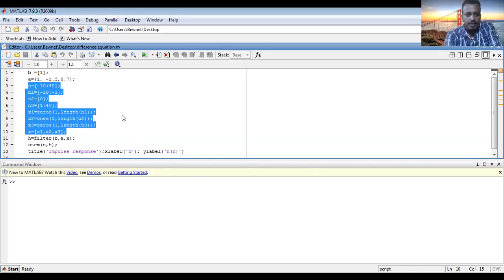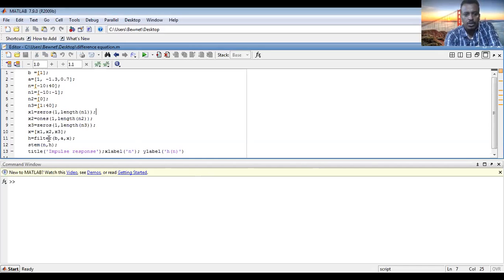Then impulse response is equal to filter with B and A coefficients, our system. What is X? X is the input. In this example, we apply the impulse, so when you apply the unit impulse, the output will be H. Then stem is used to plot this discrete time impulse response. Then our title is impulse response, x-axis n and y-axis h of n.